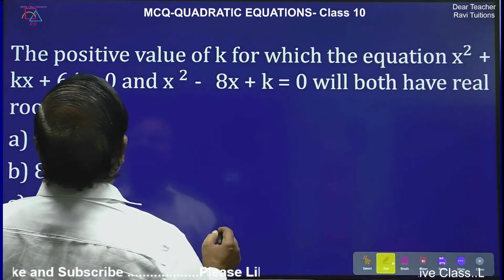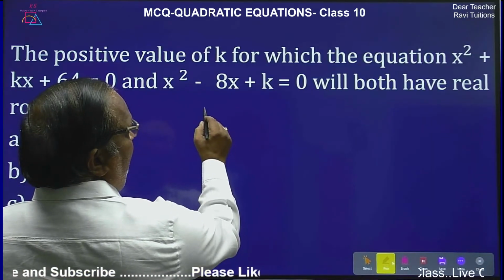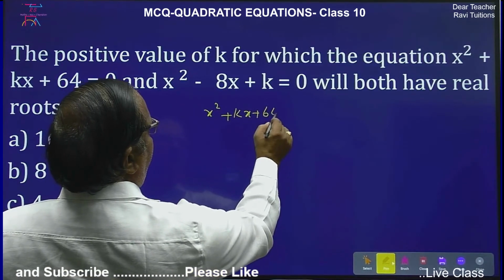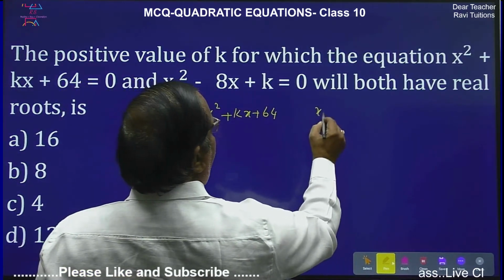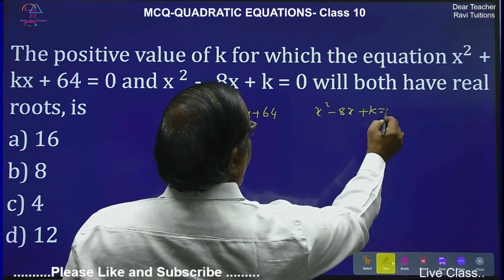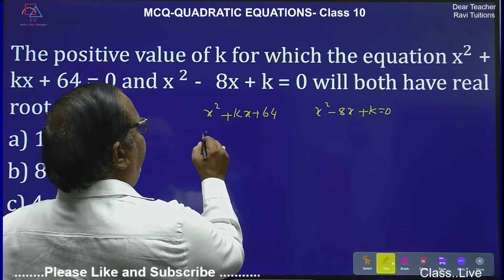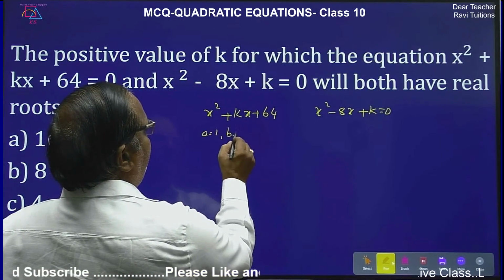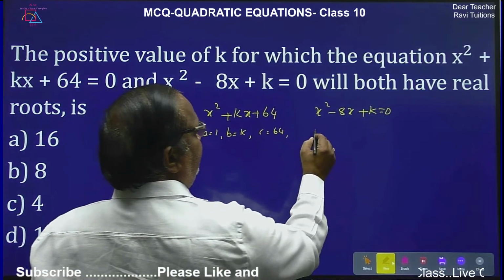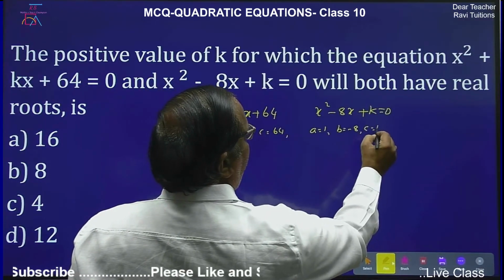First equation: x square plus kx plus 64, and second: x square minus 8x plus k equal to 0. In the first, a is equal to 1, b is equal to k, and c is equal to 64. In the second, a is equal to 1, b is equal to minus 8, c is equal to k.